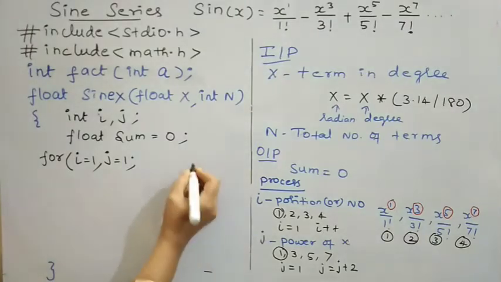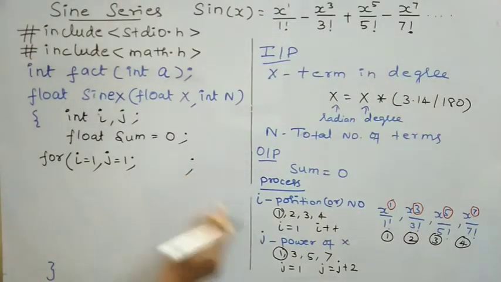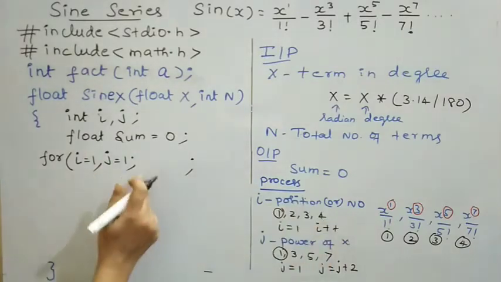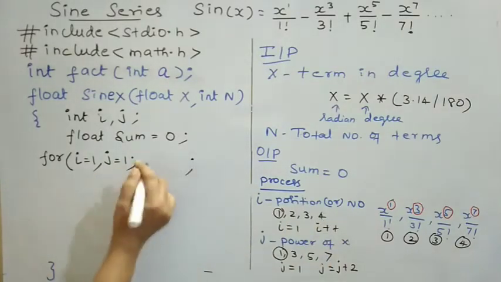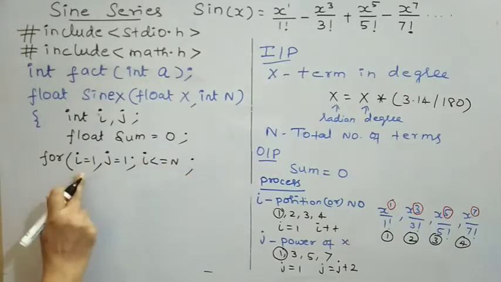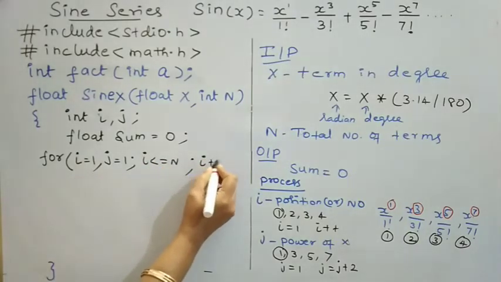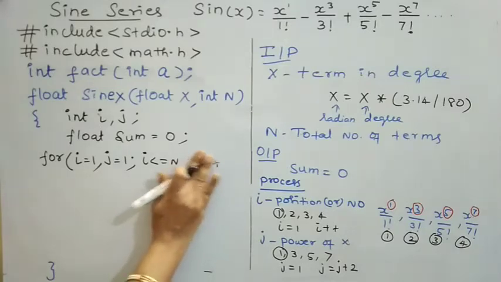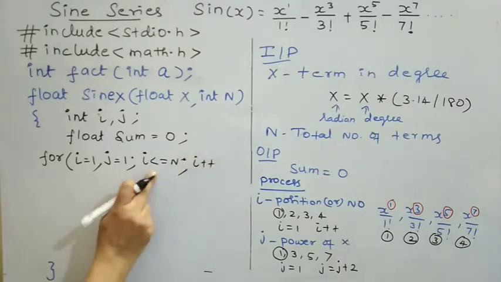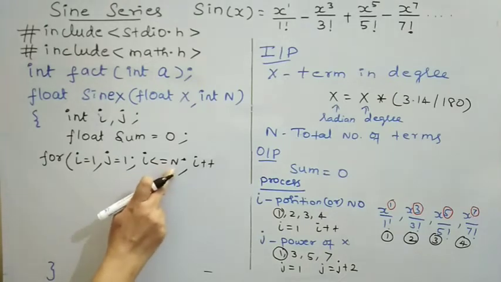So how long do I need to increment the value of i? Until it is equal to n, that is, i less than or equal to n. Each time i is incremented by 1, as long as i is less than or equal to n.